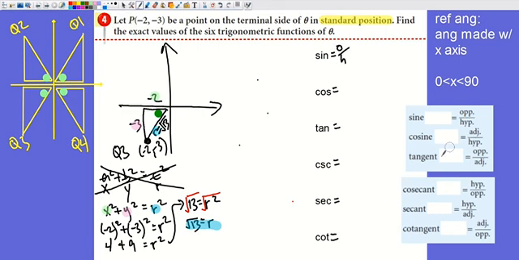And I'm looking just at this blue box here. Cosine is adjacent over hypotenuse, and I'm just literally going to copy this from the blue box to the right.